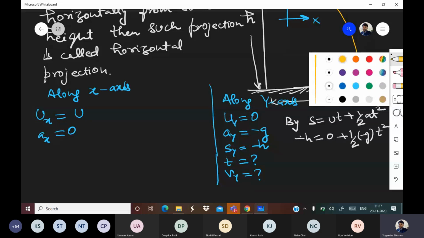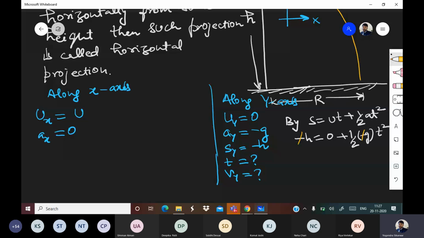So minus minus got cancelled. So we get t is equal to under the root of 2h by g. This much is the time taken by the projectile to reach the bottom.